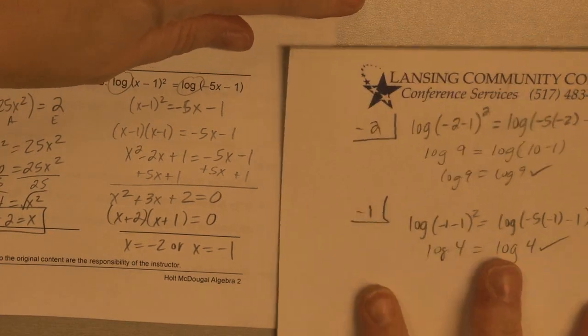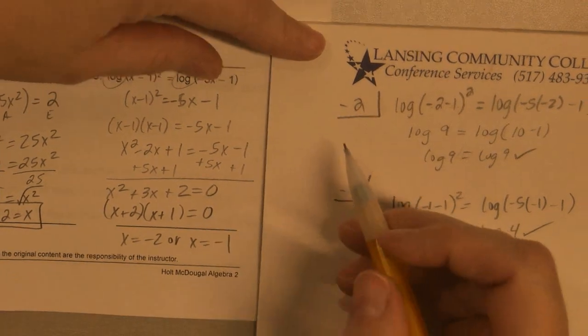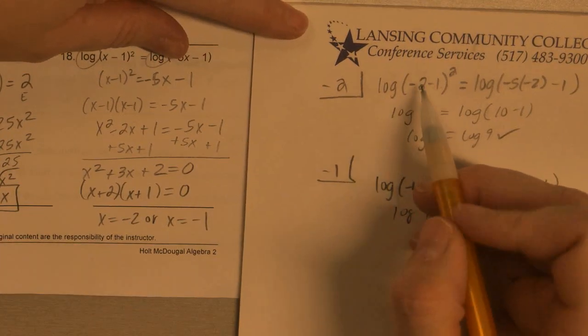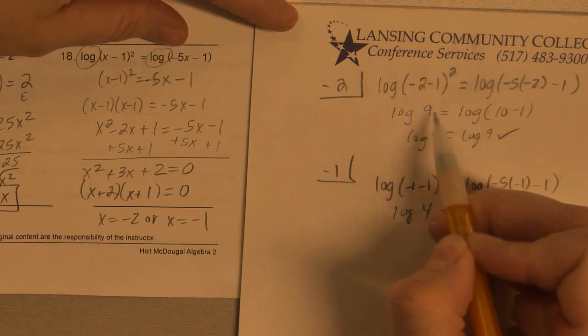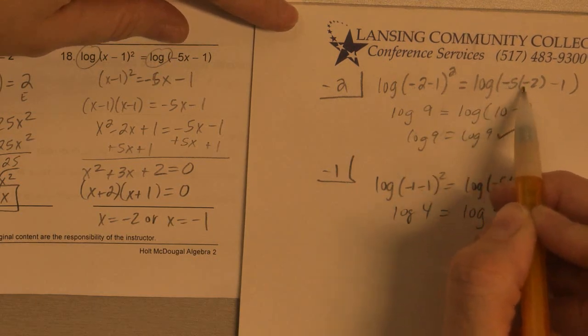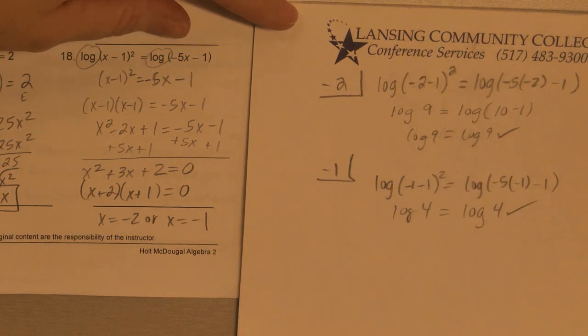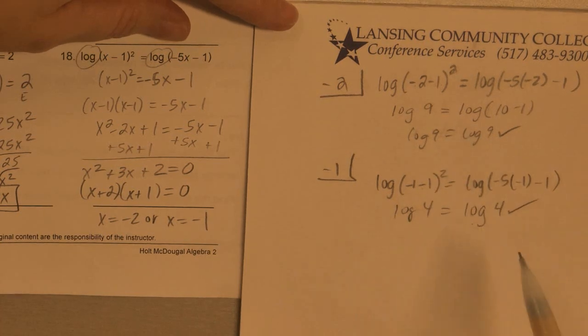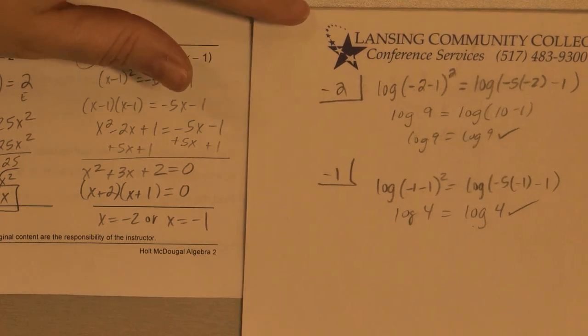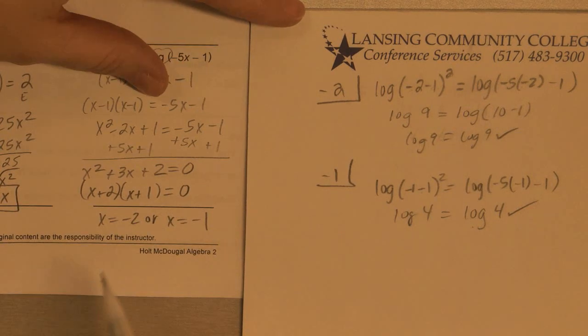But this is another special case where when you plug it back in, you're squaring it here, and on this side, a negative times a negative becomes a positive. So both of those ended up working out. And you do have to make sure that you show both of them, and then this would be your final answer.